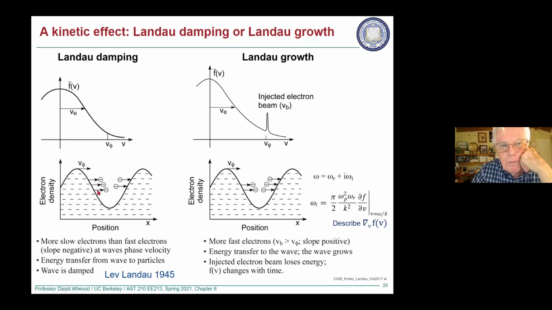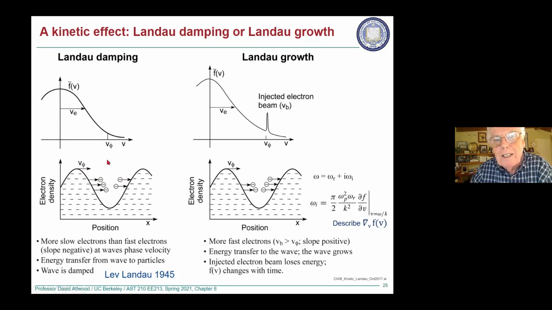And so if there are more slow ones, then the potential curve of the wave that's propagating is actually pushing these electrons and therefore losing energy to those electrons. And the electrons that were on the high side over here, they're moving a little faster than the phase velocity, so they're pushing on the net potential of the wave, and so they're giving energy to the wave.